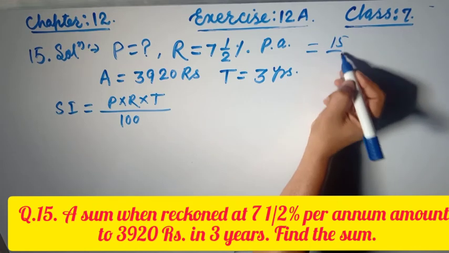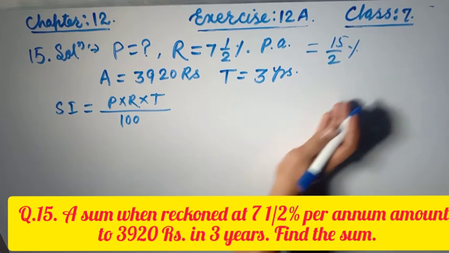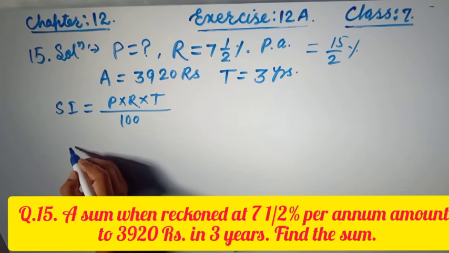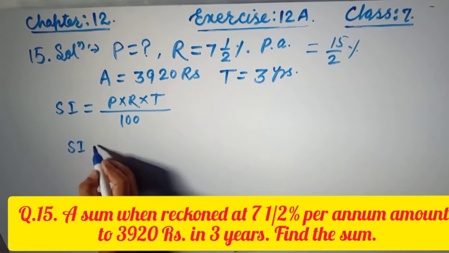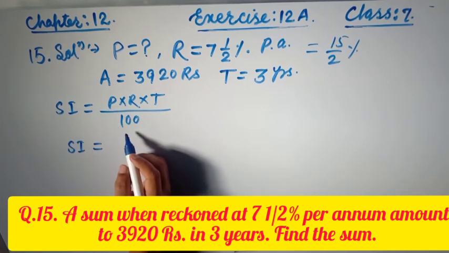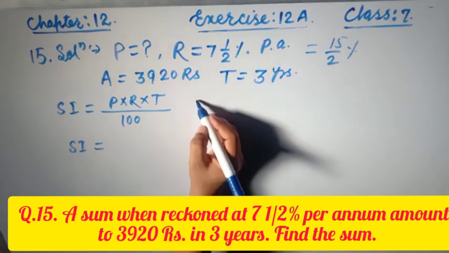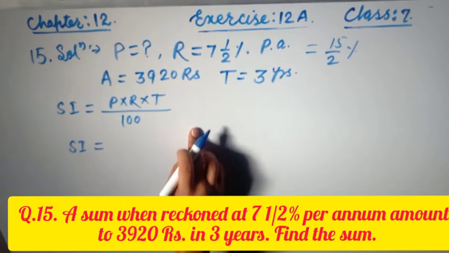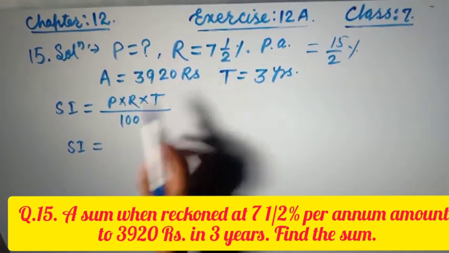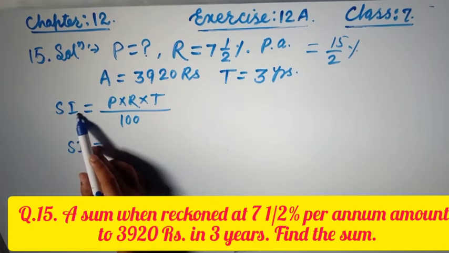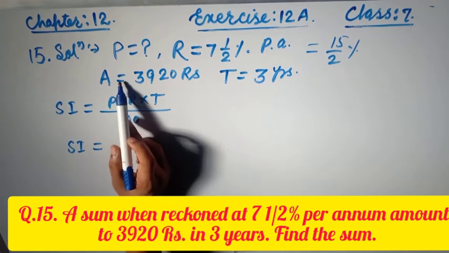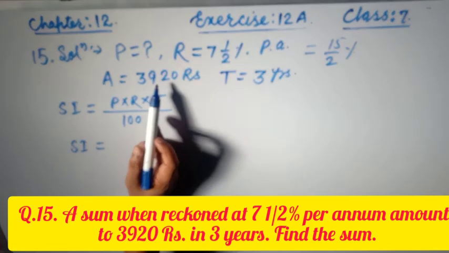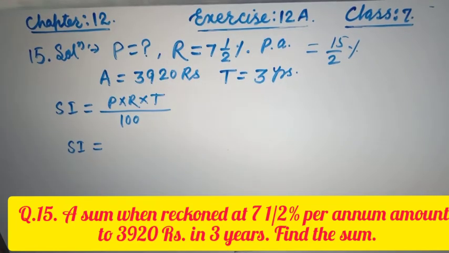This is 15 by 2%. Now SI is equal to, here is P, this is R, this is SI. So this amount includes the simple interest.